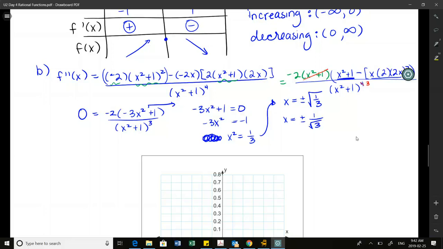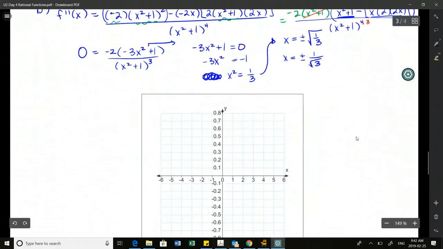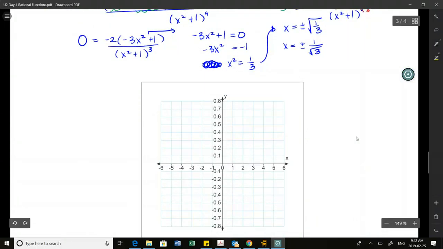All right, let's do our sign chart quickly here. I don't have tons of room left, but I'll do it over to the left.